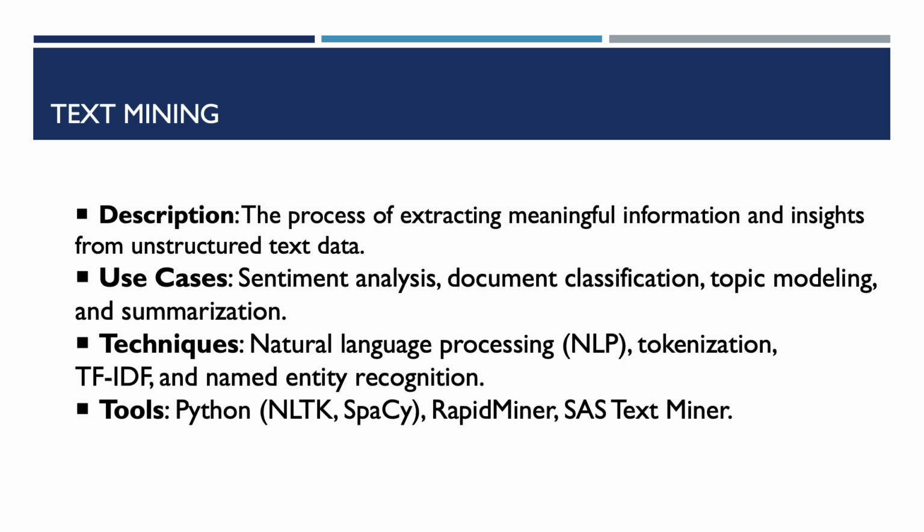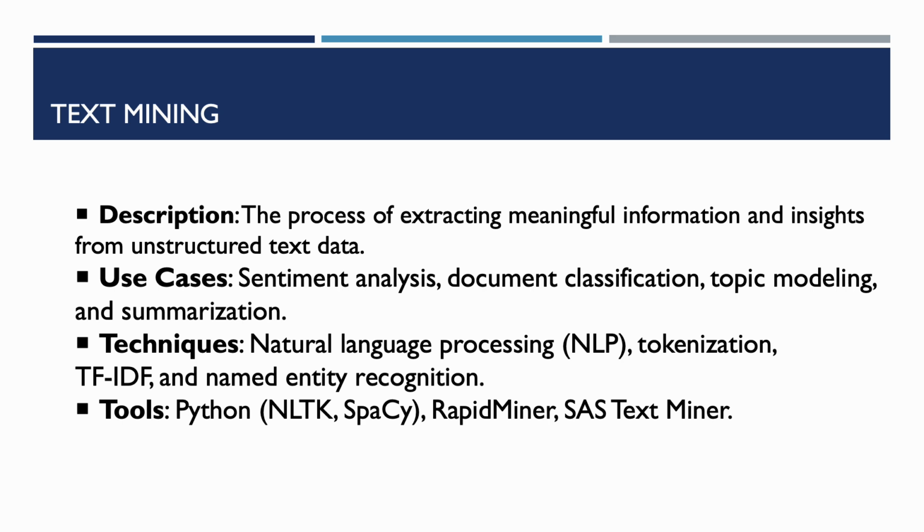So first of all, tokenization is breaking down text into smaller units such as words or phrases. So here we can use tokenization to process the language by breaking down the text into smaller units. Then we have TF-IDF, which means term frequency inverse document frequency.